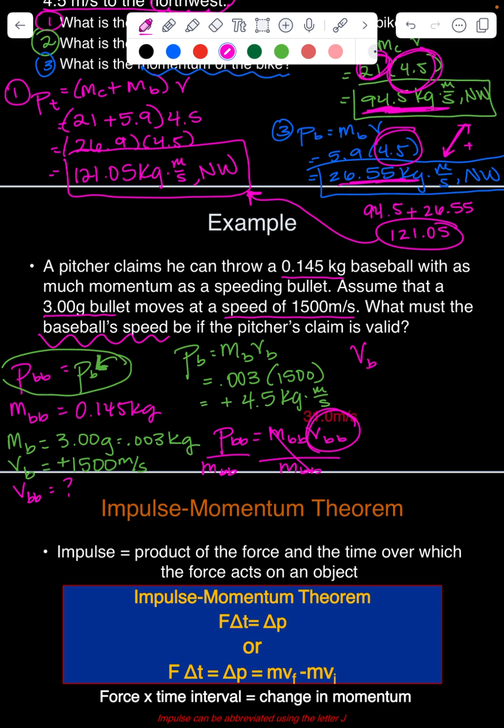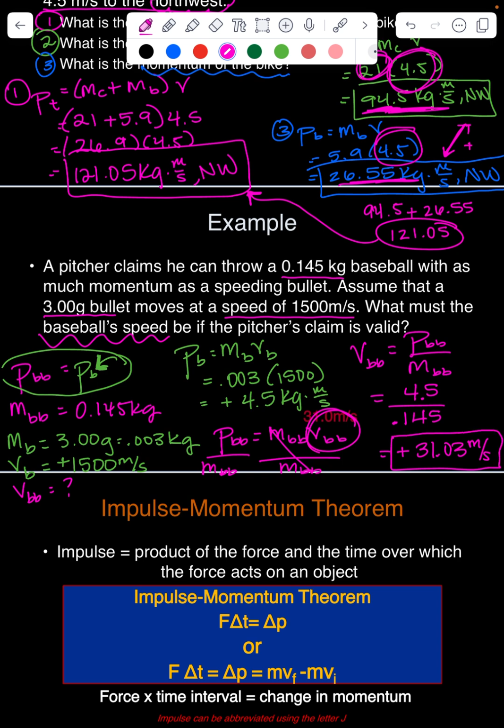So the velocity of the baseball is equal to the baseball's momentum divided by its mass. So that's going to be 4.5 divided by 0.145. And we should get 31.03.